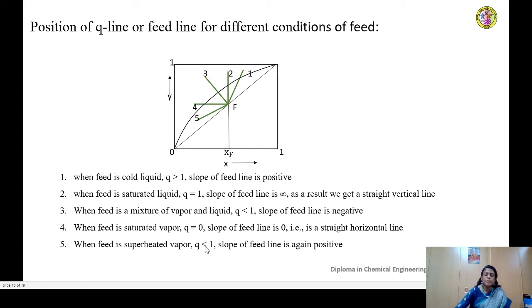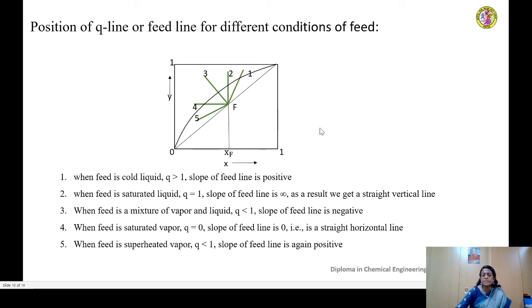So the Q value will again be less than 1. Then the slope of the feed line will be negative again as shown by the line number 5. Okay. So that is how the different conditions of feed decide the position of the Q line on an equilibrium diagram.